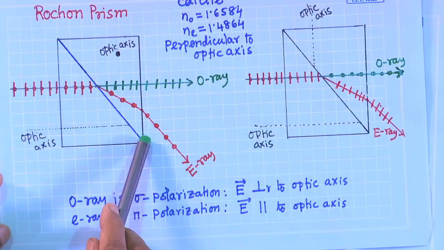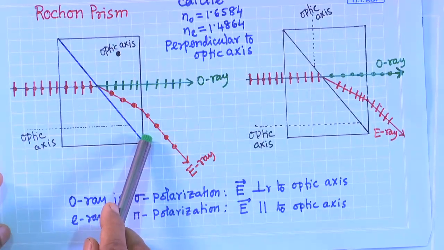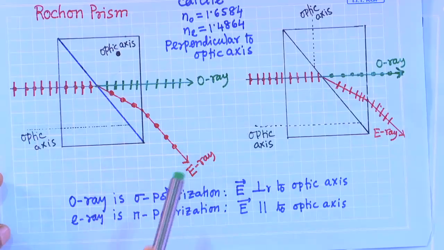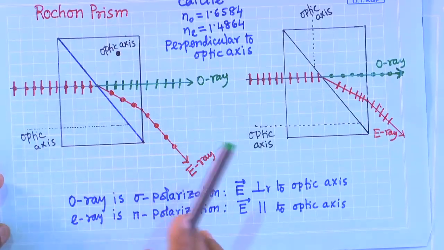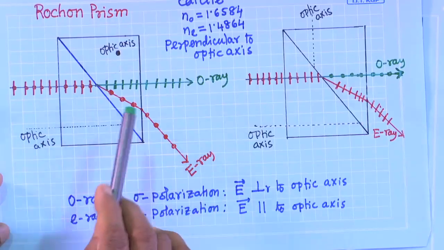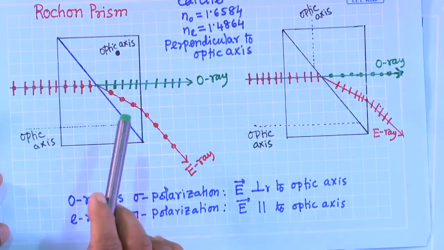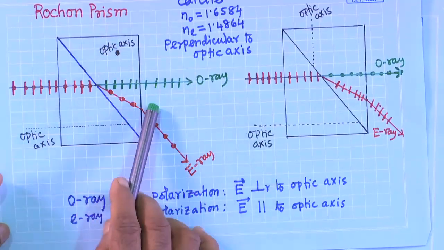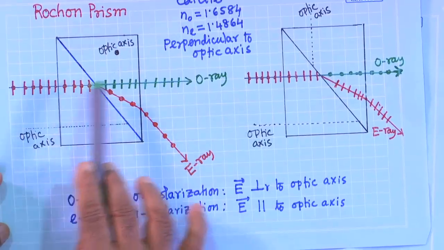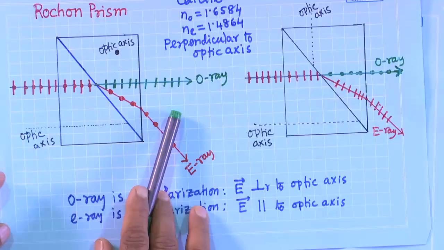So, as I told, this is for sigma polarized or pi polarized light, or for the E ray. Here this electric component is parallel to the optics axis, and for the O ray it is perpendicular to the optics axis. Okay. So, that is why here it looks different.